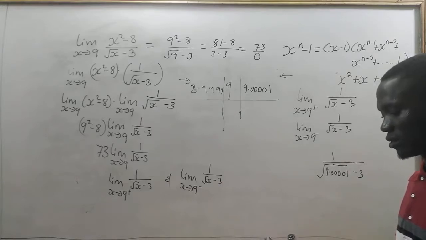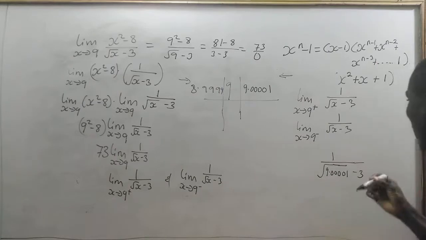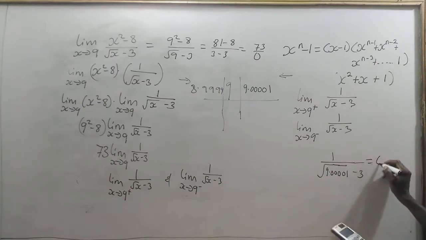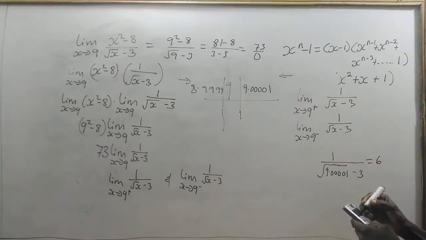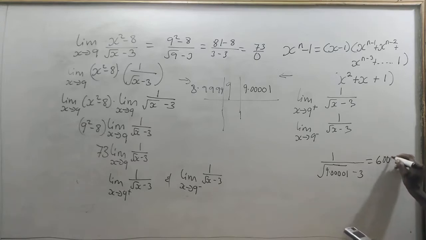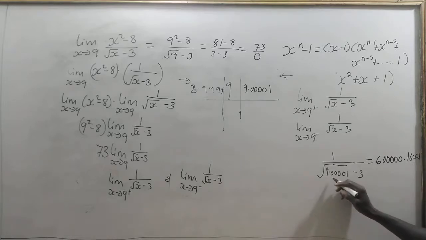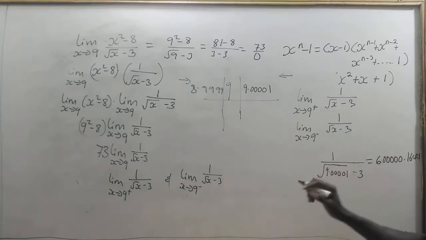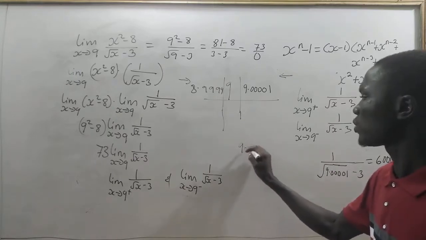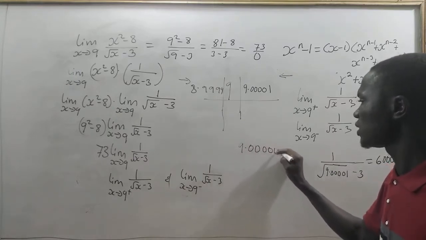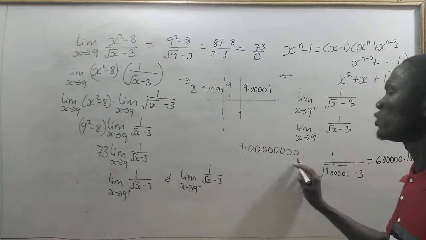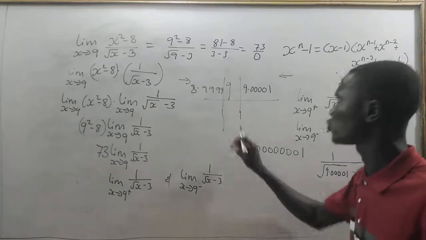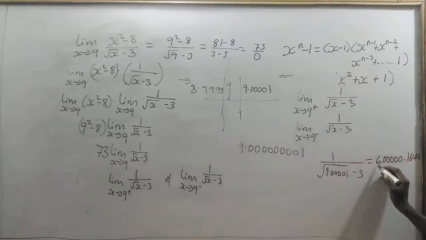Punch this on the calculator and see what you get. It will give us a very large number, about 5.1644. If we take a number like 9.000000001, which is very, very close to 9, this value will increase.